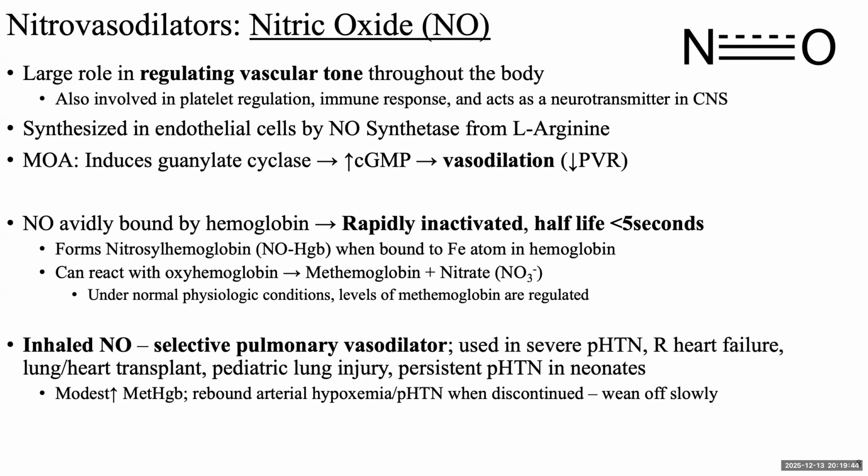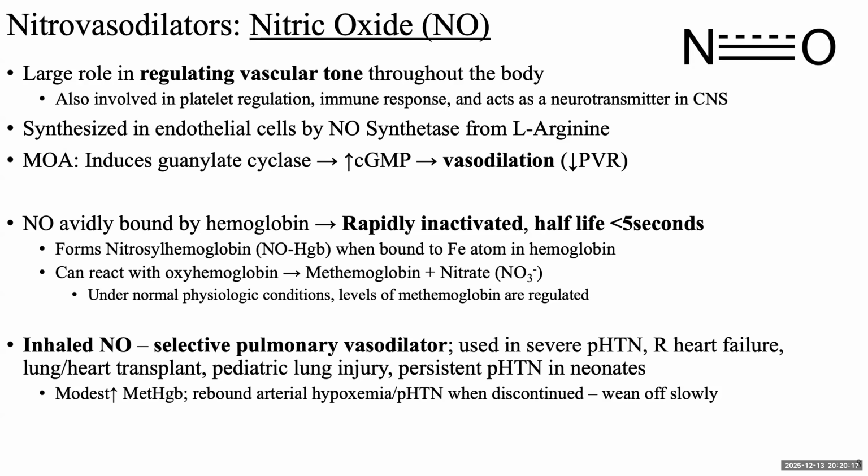So the mechanism of action of nitric oxide, we actually talked about it already, but remember, in vascular smooth muscle, this induces guanylate cyclase. And again, that causes an increase in cyclic GMP, which leads to vasodilation and overall a reduction in our peripheral vascular resistance. So nitric oxide is avidly bound by hemoglobin, which means it's rapidly inactivated, and the half-life is less than 5 seconds.